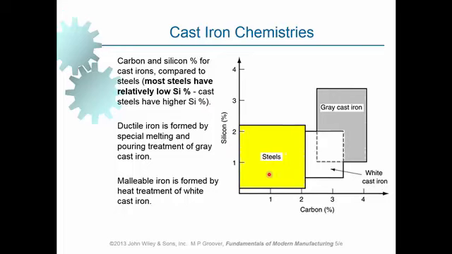And as we can see here, in steels, we've got the least amount of silicon and the least amount of carbon, of course, up to 2.14. And just over 2% of silicon can be found in certain types of steels. But when it comes to white cast iron, and particularly gray cast iron, we can find larger amounts of silicon in it. And the reason, as I said, is that silicon does not allow formation of cementite.